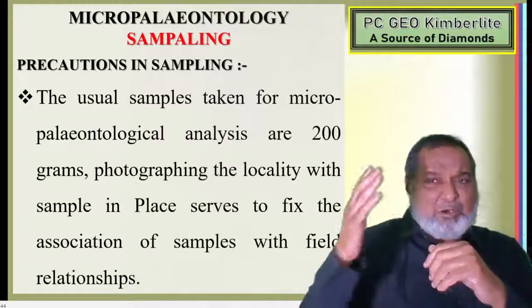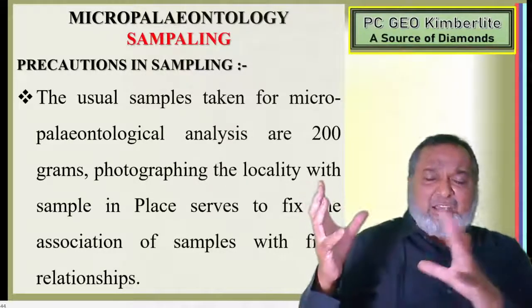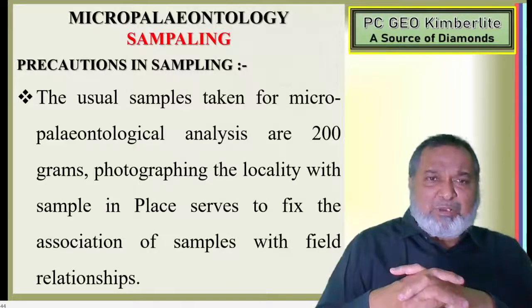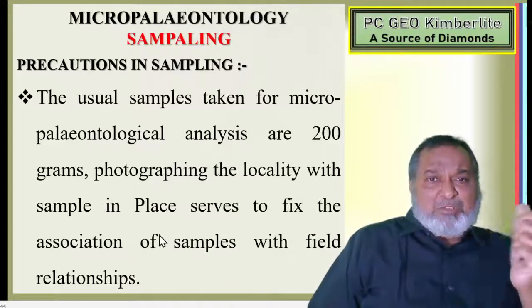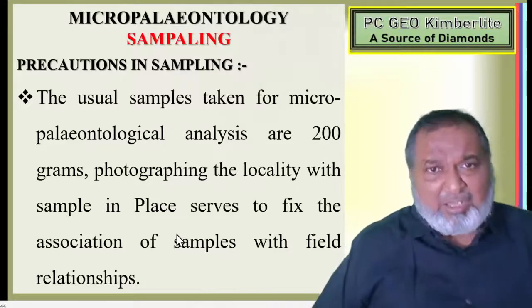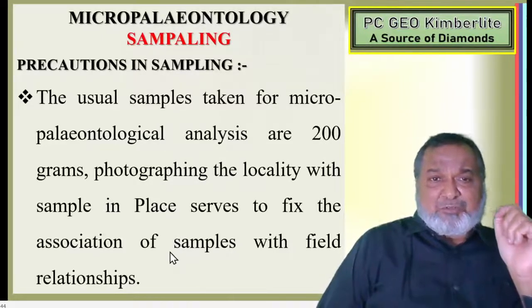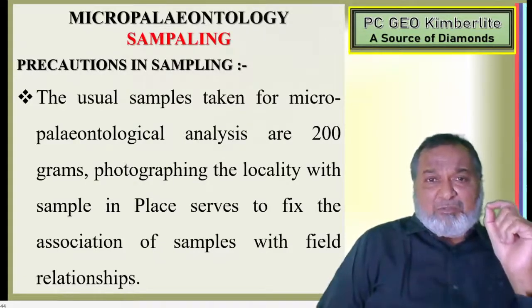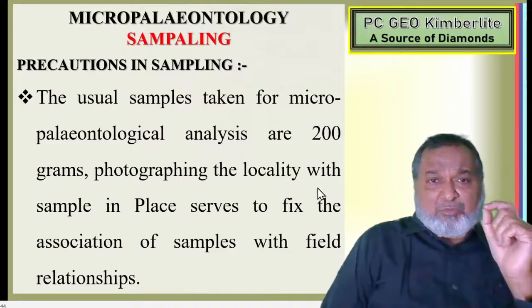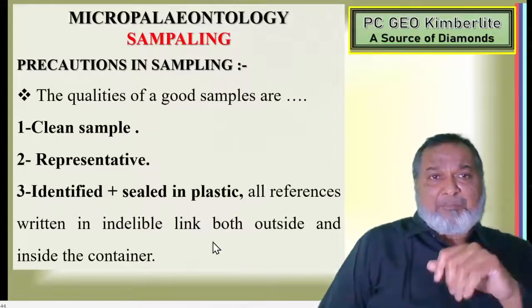But keeping in mind that we are going to use it several times, instead you can directly take a 1 kg sample. That has to be carried properly to your destination. So take note of the weight of the sample, and the locality of the sample in place serves to fix and associate the sample with the field sampling.